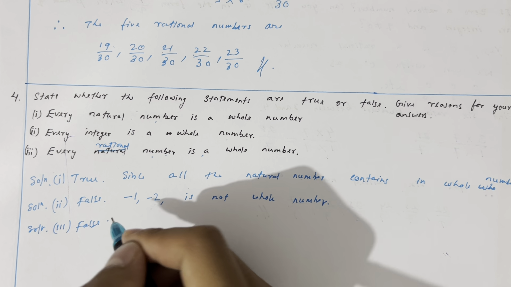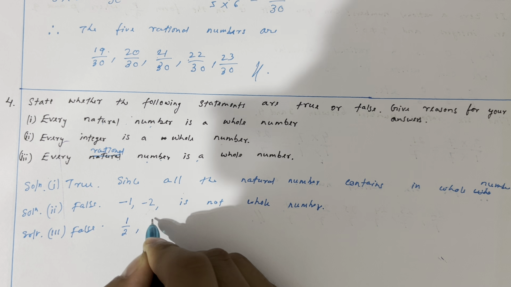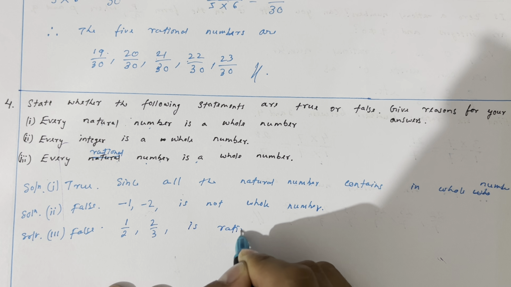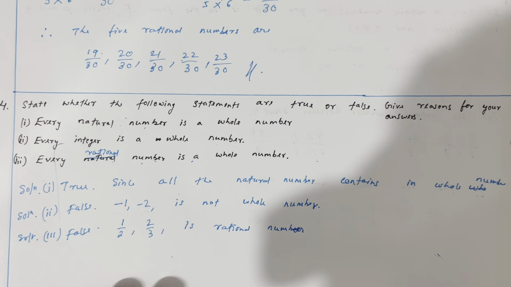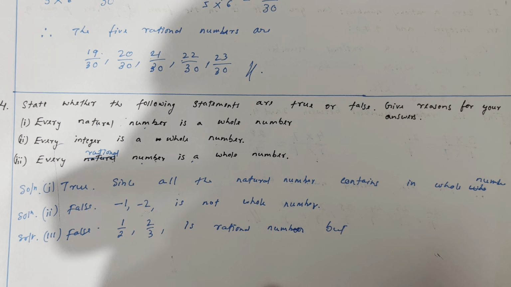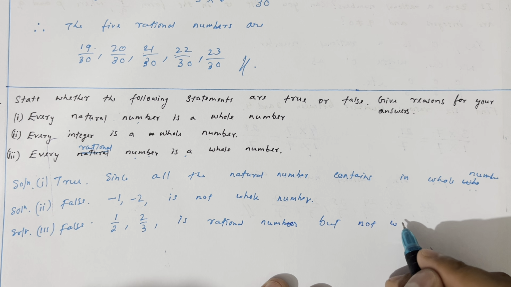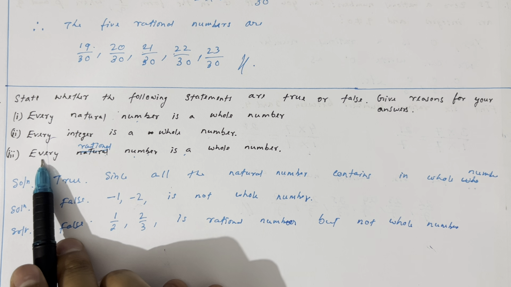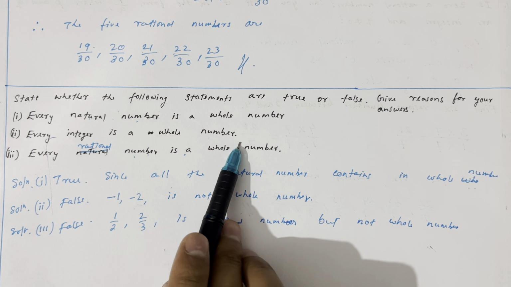Why? 1 by 2 and then 2 by 3 are rational numbers, but not whole numbers.